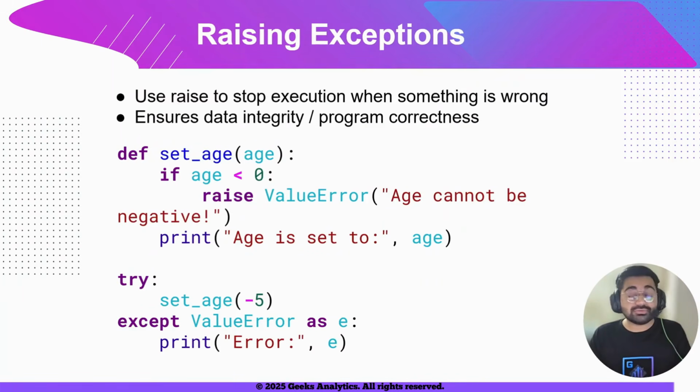Then sometimes we want to raise an exception ourselves when something isn't right. For example, if a user enters a negative number for age, we can raise a value error to prevent the rest of the code from executing incorrectly. And this is widely used when creating APIs.